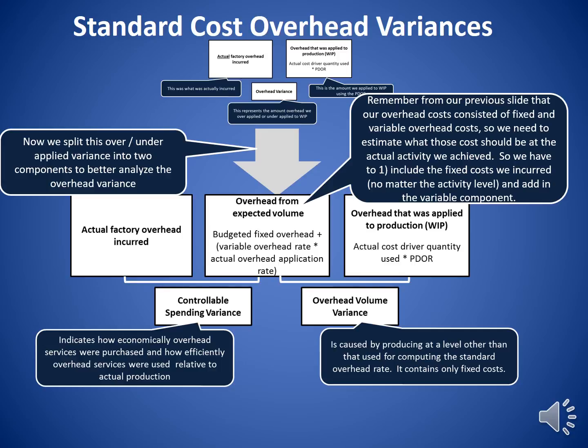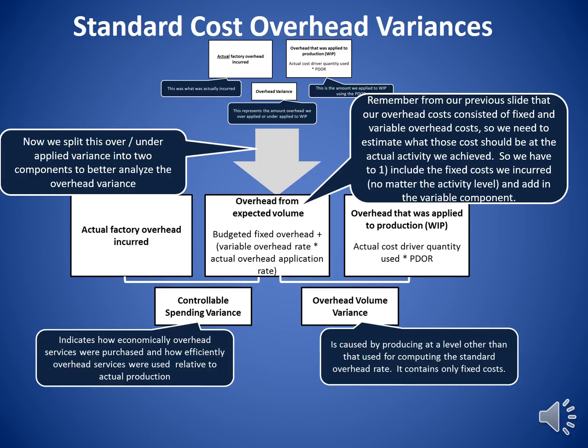Now, the calculation looks a little weird, but it says budgeted fixed overhead plus our variable overhead times our actual overhead application rate. That's our overhead from our expected volume. We're not going to do anything with budgeted fixed overhead because it is fixed. But we are going to do something with variable overhead, since it varies with our volume.